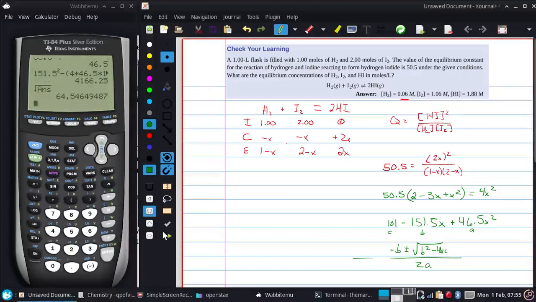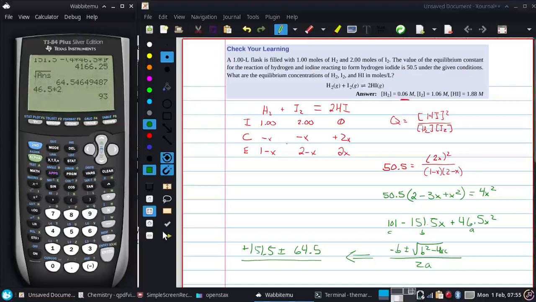So this becomes negative, and I'll flip that sign, so positive 151.5 plus or minus 64.5 all over 46.5 times 2, 93. And we have our two possible roots.